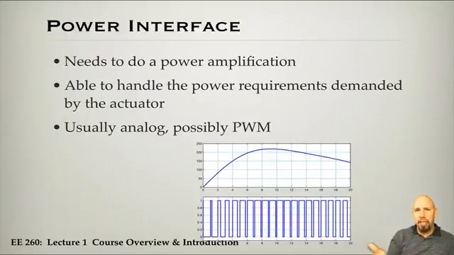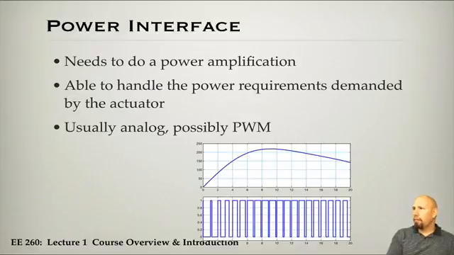So there needs to be an increase from the milliamps up to the 30 amps. The important thing is that the power interface is able to handle the power requirements demanded by the actuator. One little Arduino may not be able to drive a bank of lights, for example. So you need something else that will be able to handle the power needed by the lights.